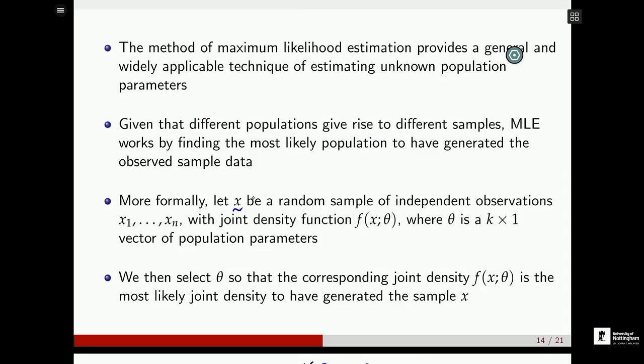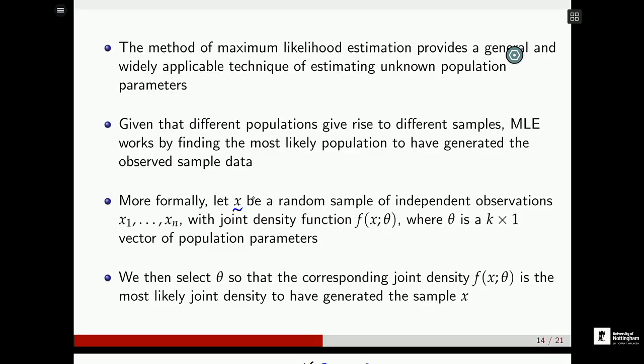And there's going to be some true distribution that has generated these data, and we don't know exactly what it is, but we'll just write it down as the joint density function f, one argument of which will be the vector x, the observations.